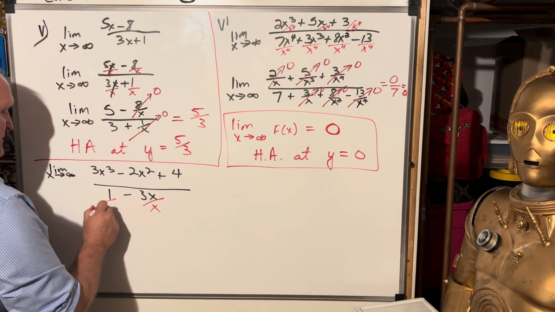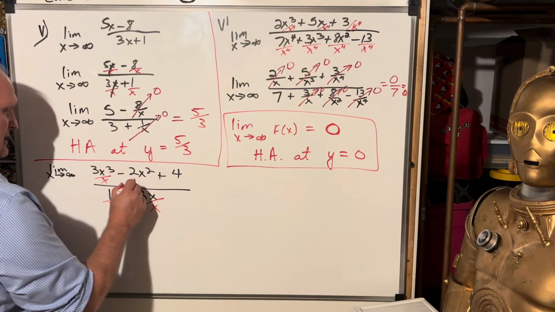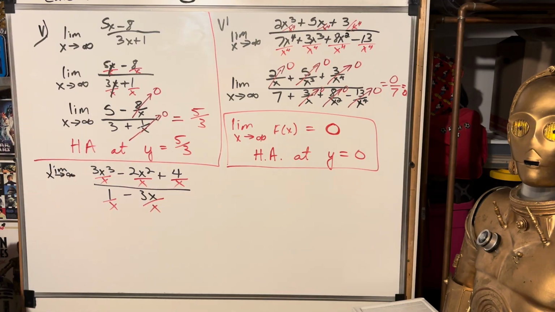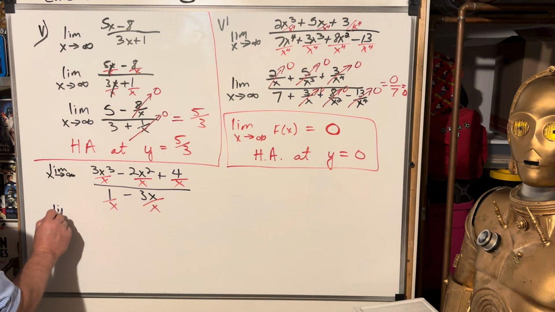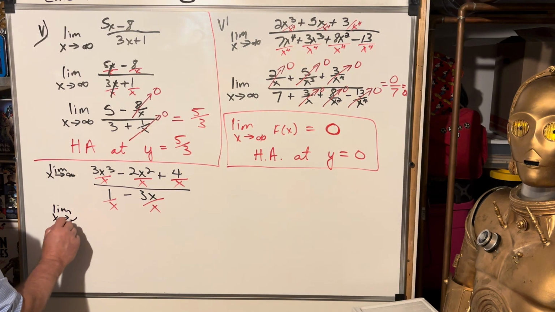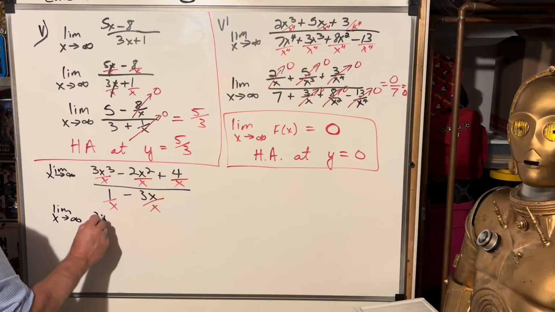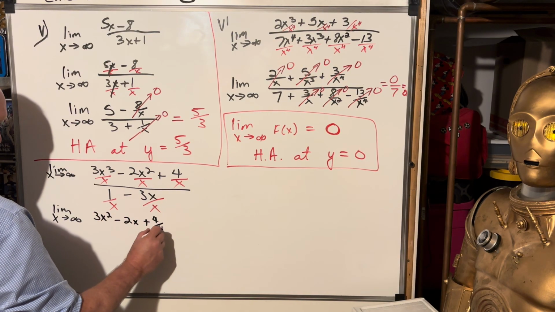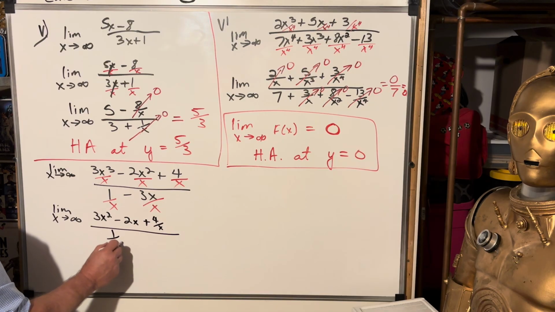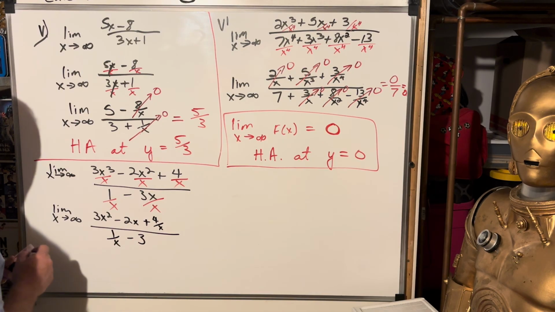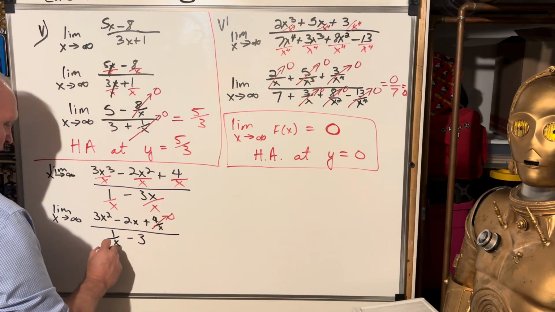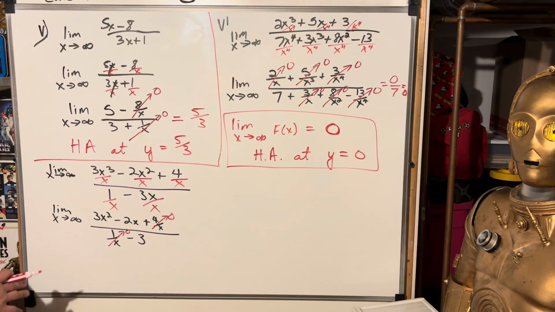So everybody's going to be divided by x. And then we're going to take a look and see what happens. So we have the limit as x approaches infinity of 3x squared minus 2x plus 4 over x over 1 over x minus 3. And so when we look at that, this goes to 0 and this goes to 0.